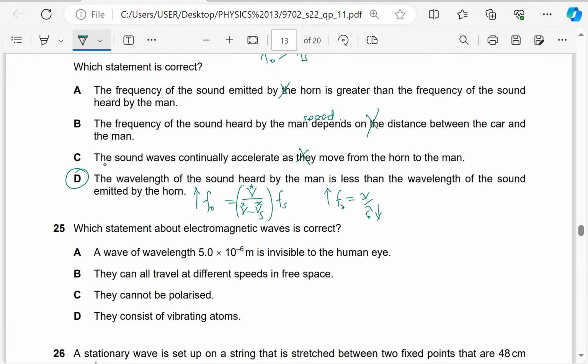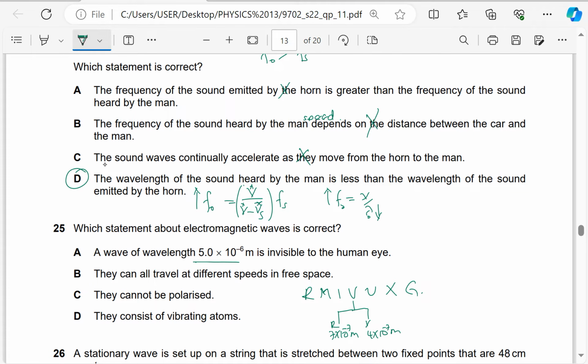Which statement about electromagnetic waves is correct? A wave of wavelength 5 times 10 to the power of minus 6 meters is invisible to the human eye. Let's check. These are the electromagnetic waves, and this is the visible spectrum, which ranges from 7 times 10 to the power of negative 7 meters, that is red, to violet, which is 4 times 10 to the power of negative 7 meters.